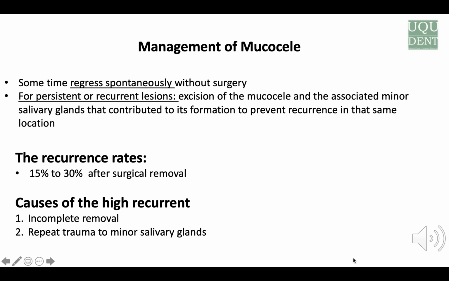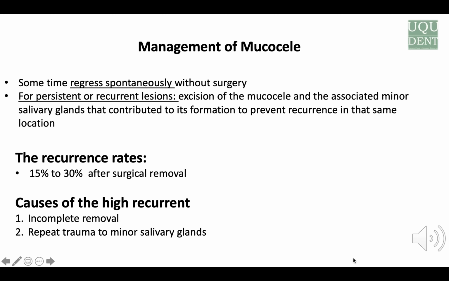The management of the mucocele, as I said before, sometimes it regresses spontaneously without surgery. For the persistent lesion, or sometimes when you remove it surgically and it happens again, so for the recurrence, you do the excision of the mucocele. You don't just remove the mucocele, but you also remove the associated minor salivary gland that contributes to its formation.